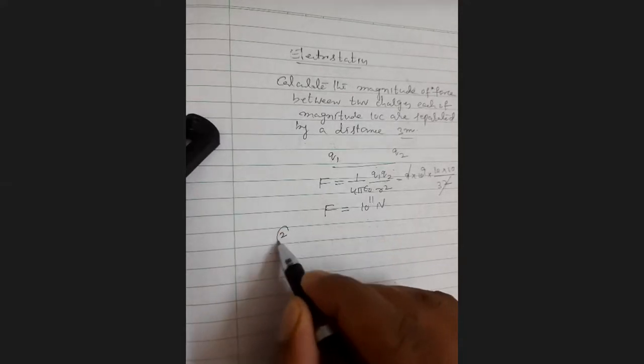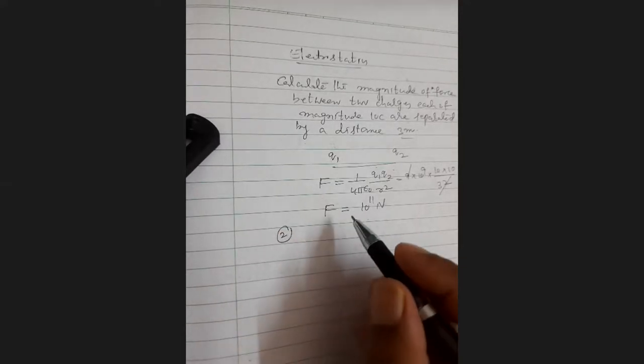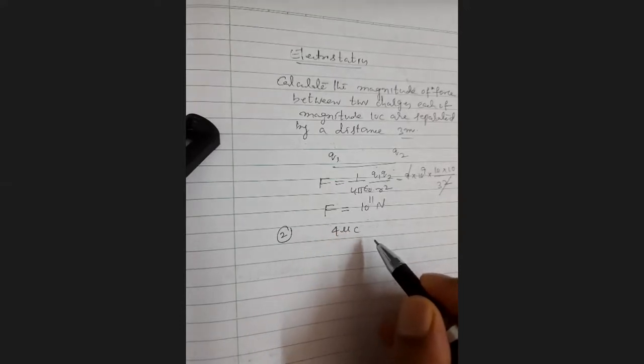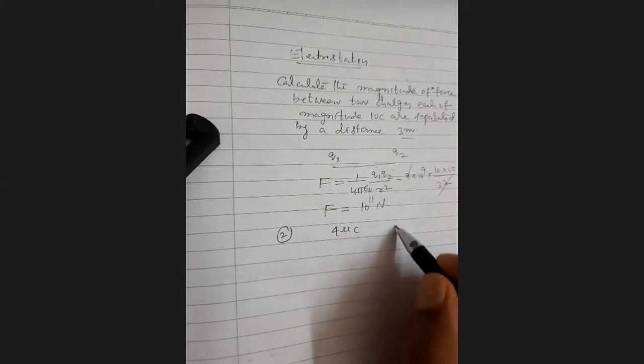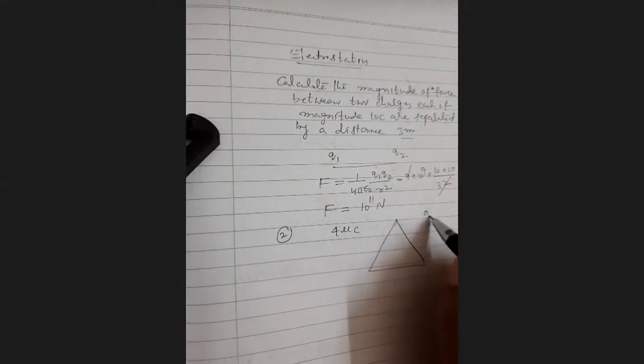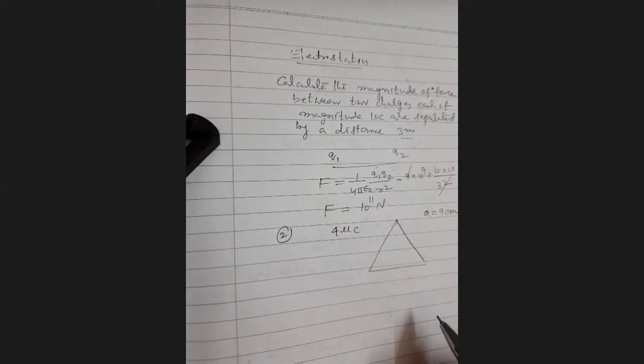Next problem you see here: three charges, 4 microcoulomb each, are kept at the vertices of an equilateral triangle of side 9 centimeter. Find the magnitude of force on any charge.